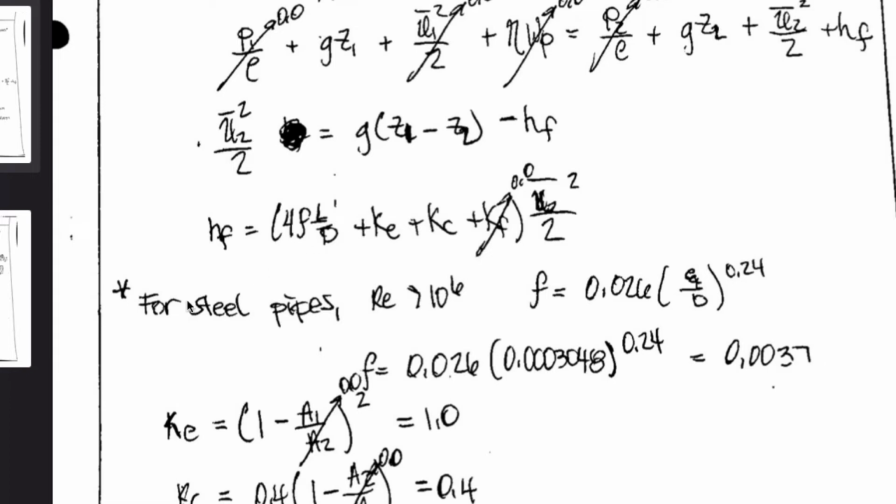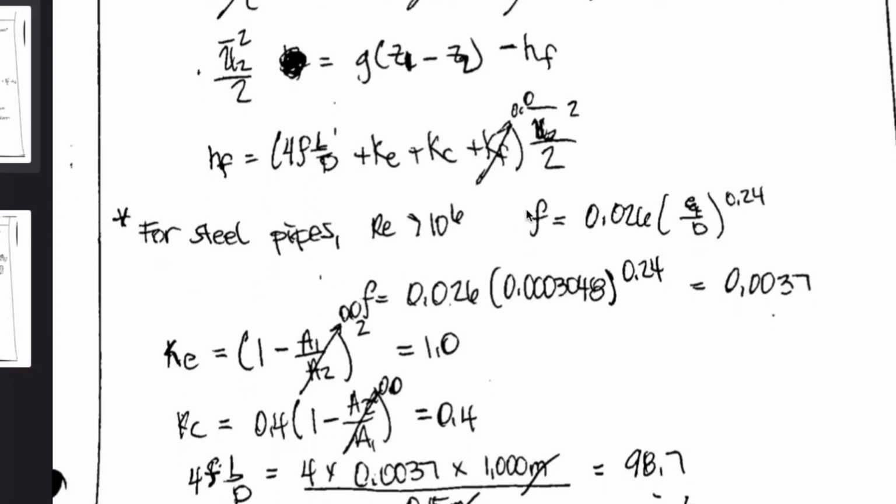All right, for steel pipes, Reynolds, and this right here is actually supposed to be a g. I'm having trouble writing these equations out of the book, but as long as you know your units, it really doesn't matter too much.